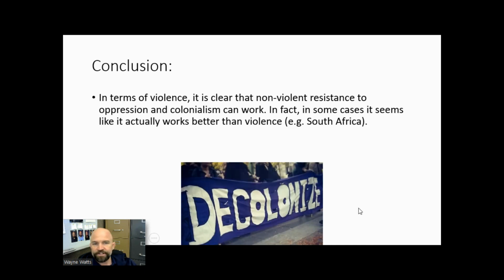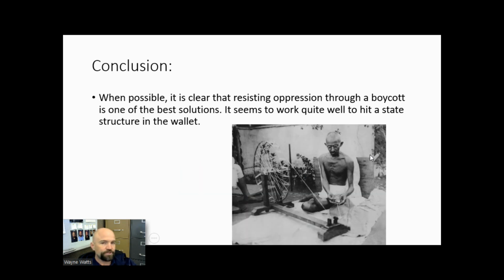In terms of violence, it is clear that nonviolent resistance to oppression and colonialism can work. In fact, in some cases, it seems like it actually works better than violence. For example, in South Africa, when possible, it is clear that resisting oppression through a boycott is one of the best solutions.